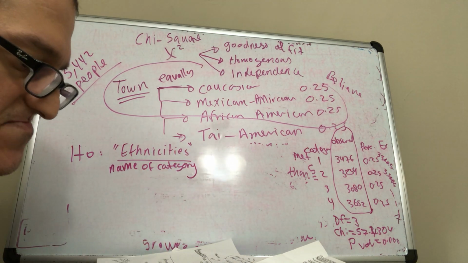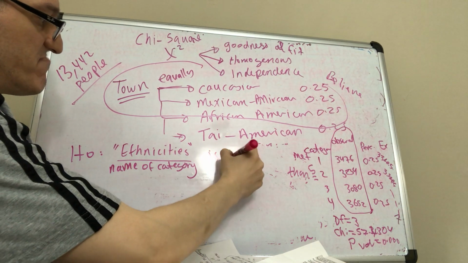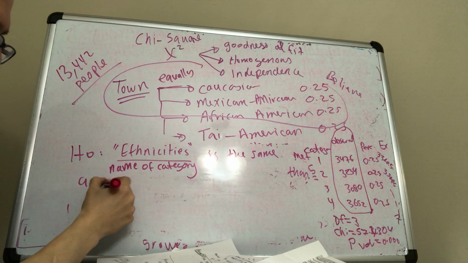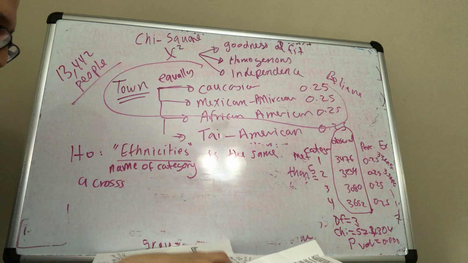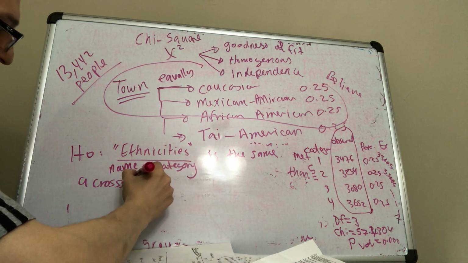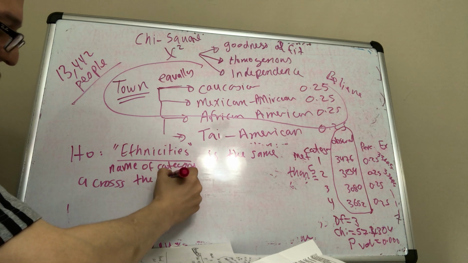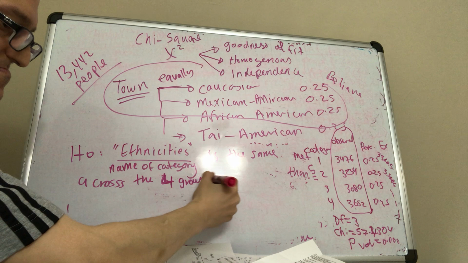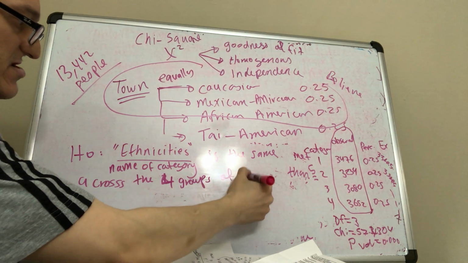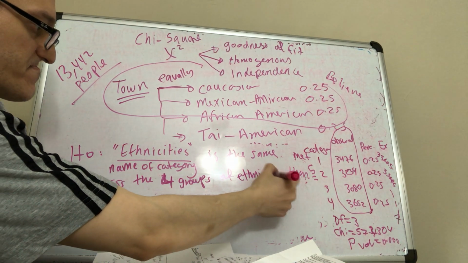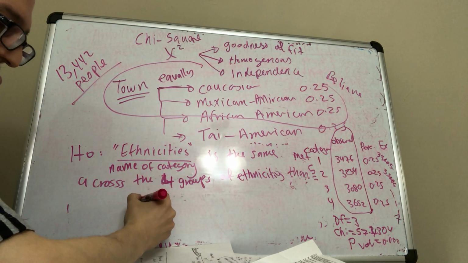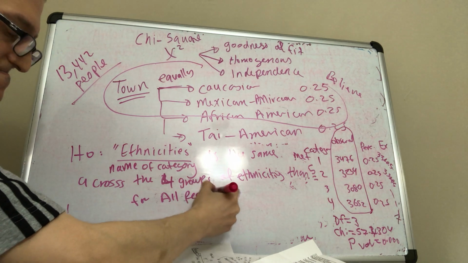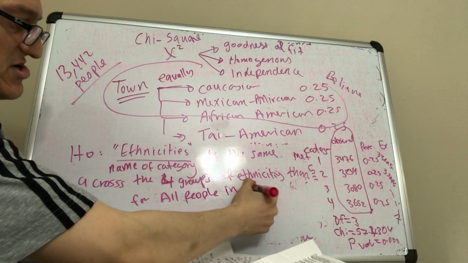Name of the category is the same across the three, or in this case, the 4 groups of ethnicities for all people in the population of this town.